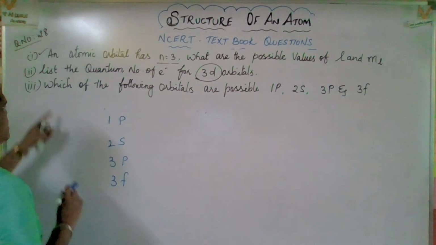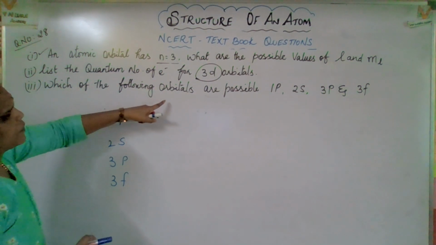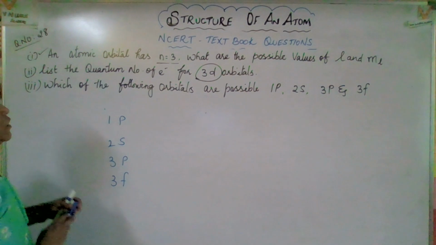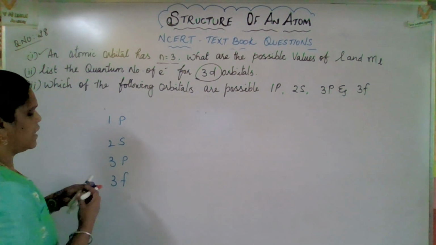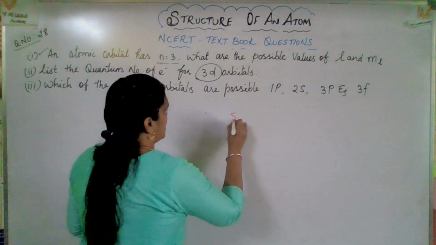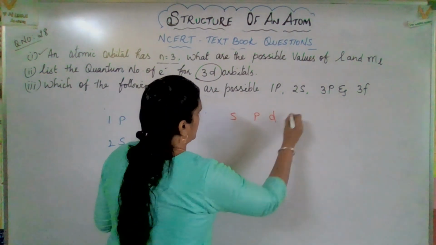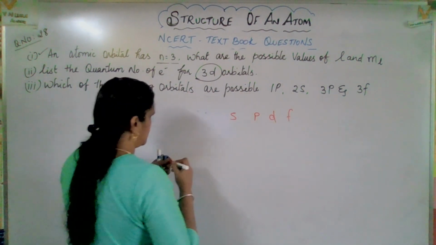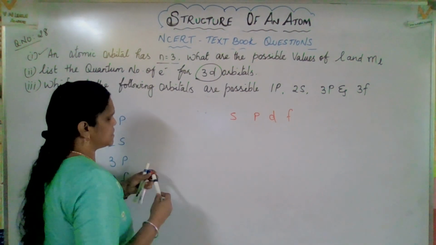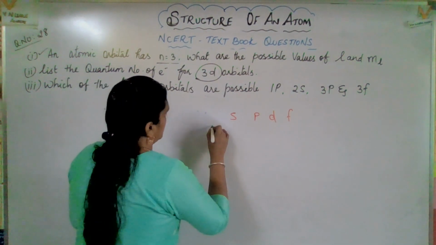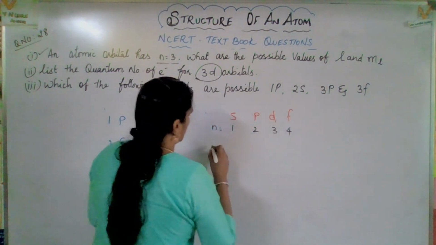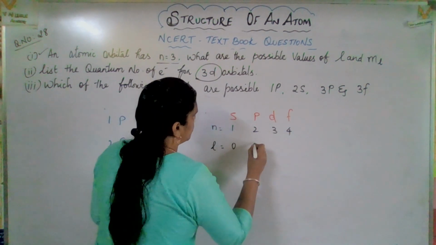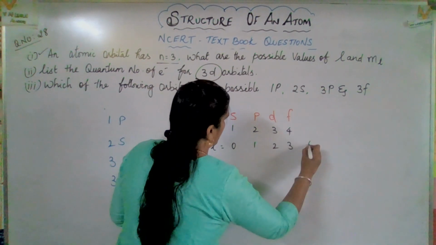Now, which of the following orbitals are possible? 1p, is it possible? Now, for example, here S, P, D and F. According to this, n equal to 1, 2, 3 and 4. L equal to 0, 1, 2, 3 and 4.